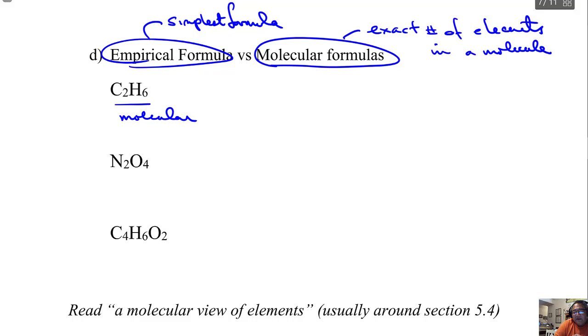Then write the empirical formula. If you divide both by 2, you get CH3. This is empirical. It's possible that the empirical formula is a representation of the molecular formula, but if it's the smallest representation of the numbers, it's an empirical formula.